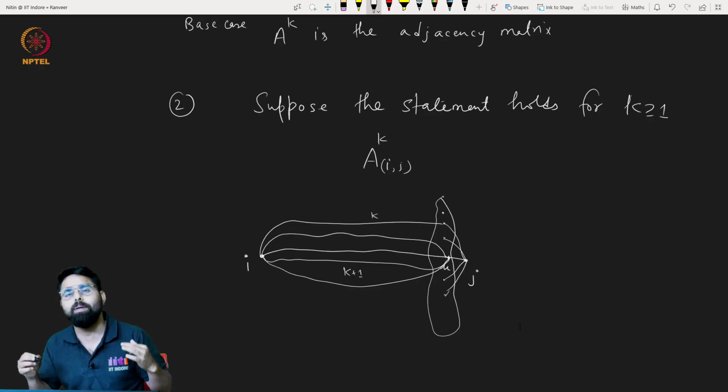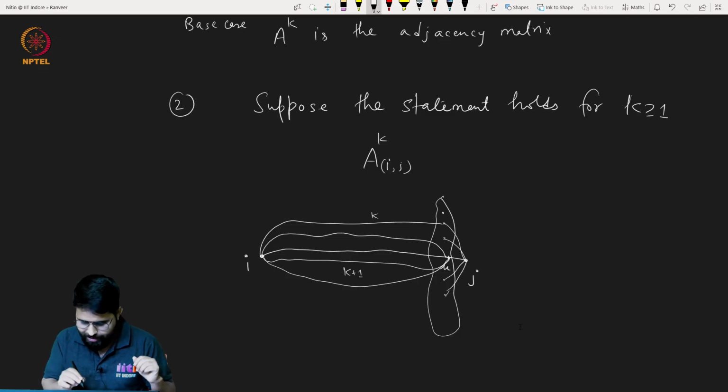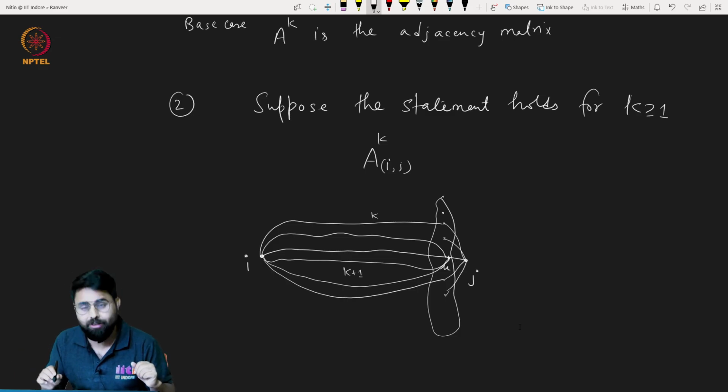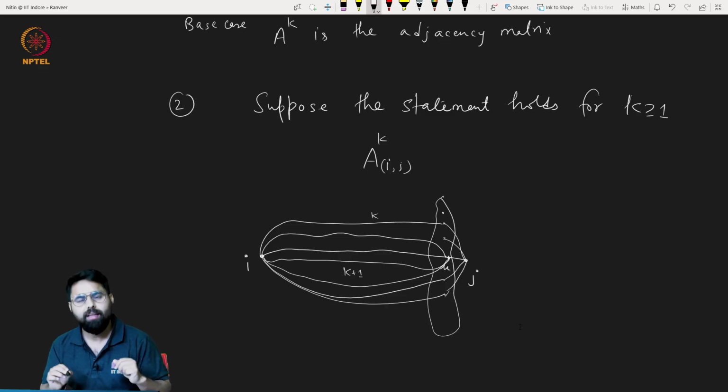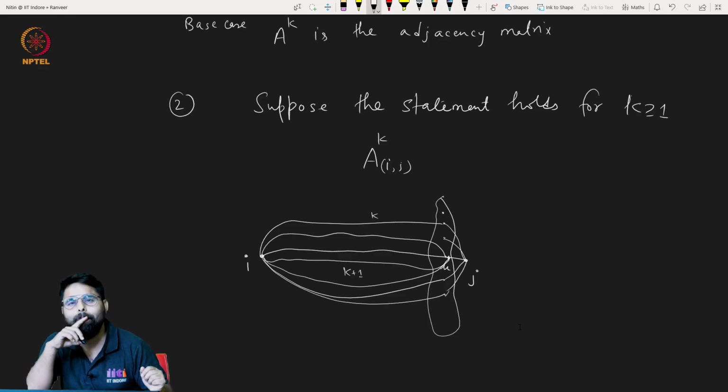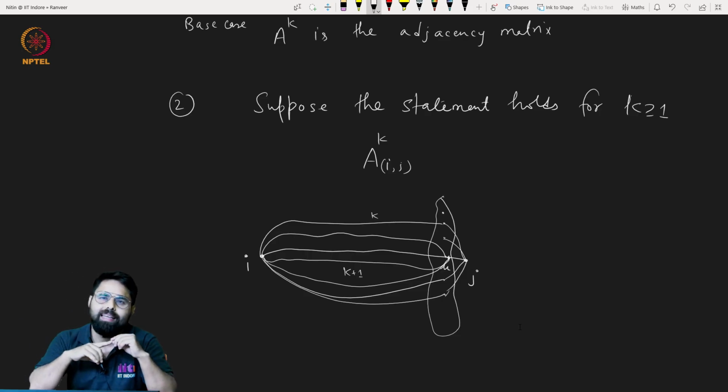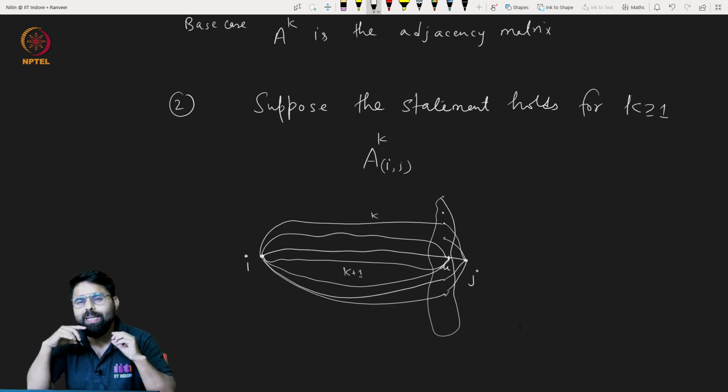I'm again saying path, but it should be a walk. Sorry for this mistake. So it's a walk. Now, if you carefully look at it, you will get some intuition why the matrix product is coming into the picture here.